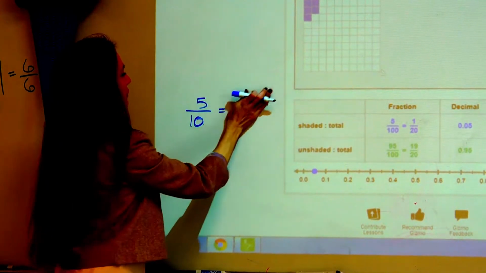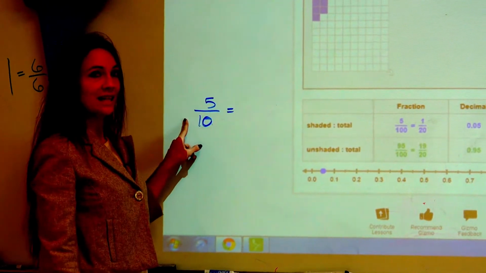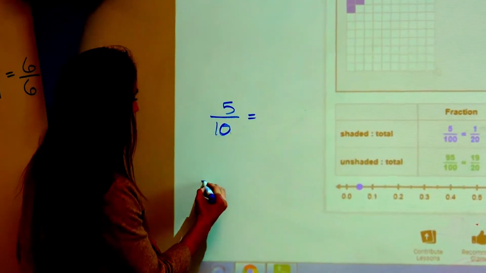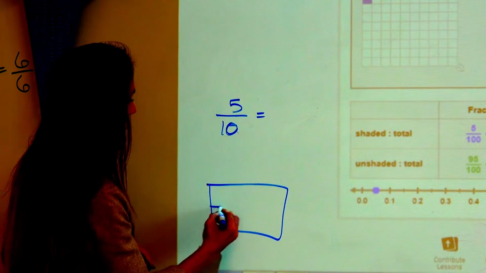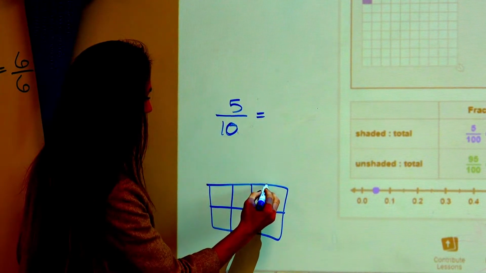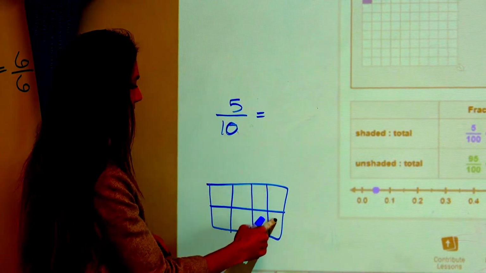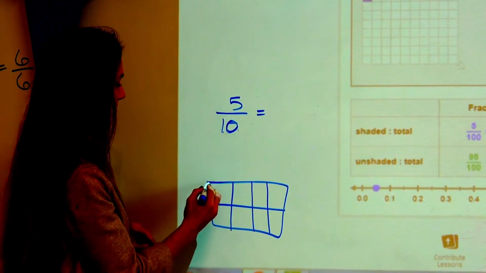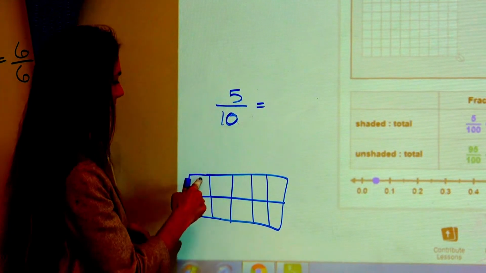If it were 5 out of 10, 1, 2, 3, 4, 5, 6, 7, 8, 9, 10.